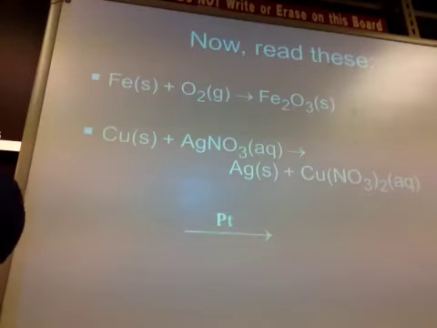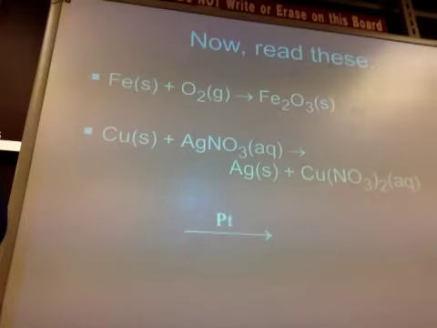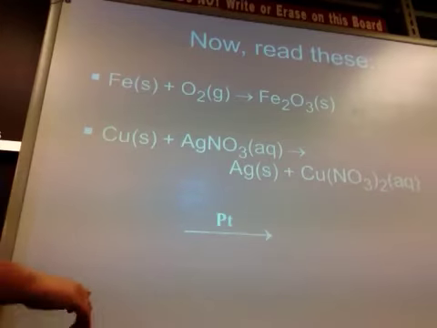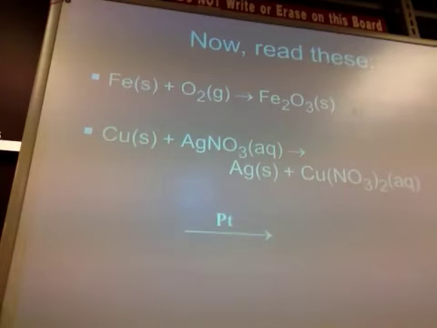What's special is that they get that Roman numeral. So I can't just call this iron oxide. I'm going to have to call it iron 3 oxide. And specifically, I'm going to say solid iron 3 oxide.